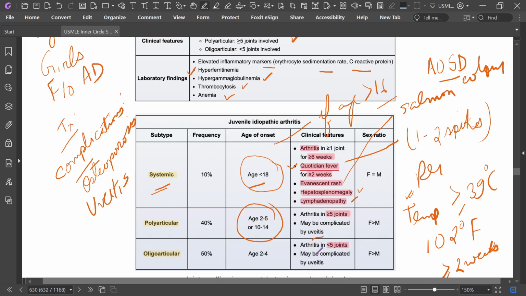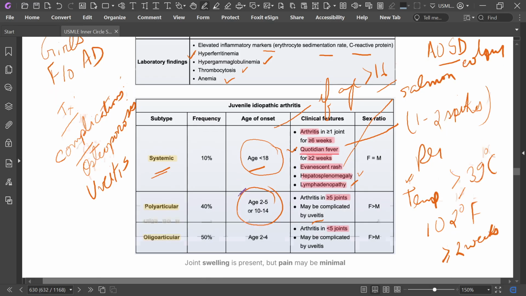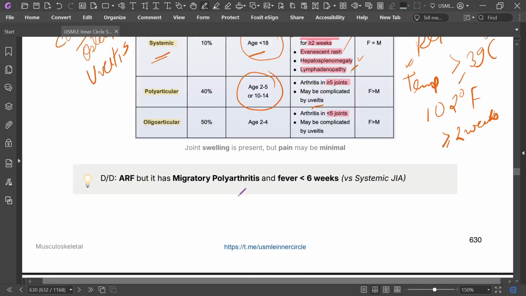Females have more propensity for it than males, and systemic symptoms are absent in poly and oligoarticular JIA. And we can diagnose.